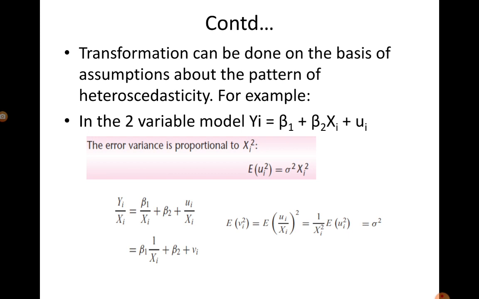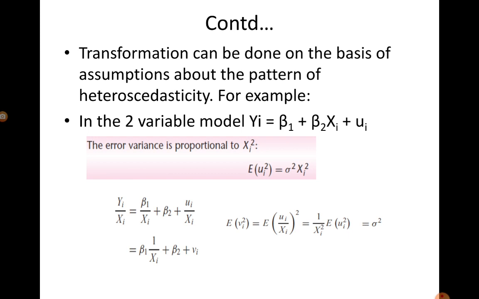So we'll discuss 4 to 5 different assumptions and what transformation is to be carried out if that assumption holds true. We are referring to the simplest 2-variable model, yi is equal to beta 1 plus beta 2 xi plus ui. And in this case the variance of the term ui is not constant. So based on our assumption about the pattern of heteroscedasticity, we transform it.